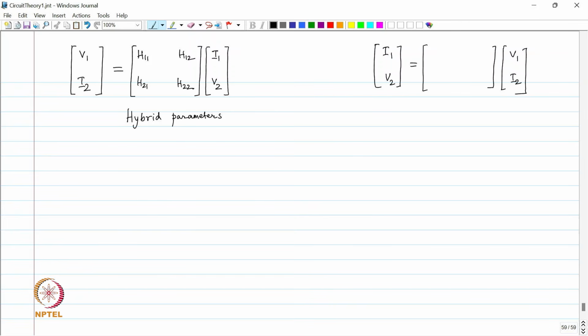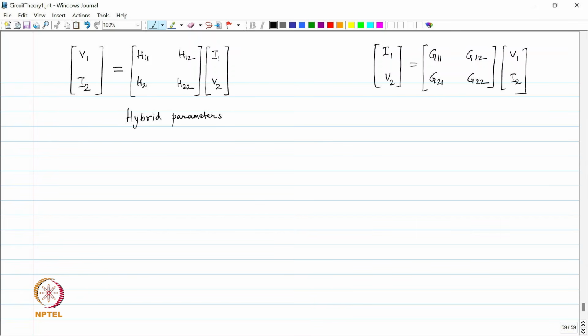So, here because we have run out of alphabet, right, after H comes I, and I we can't use. I parameters are a no, right, I is current. Okay, so, we go backwards and we are going to call this the G parameters. Yeah, it is as simple as that.